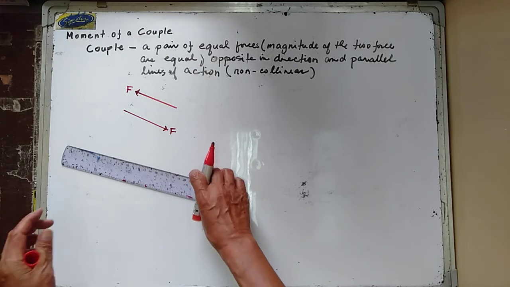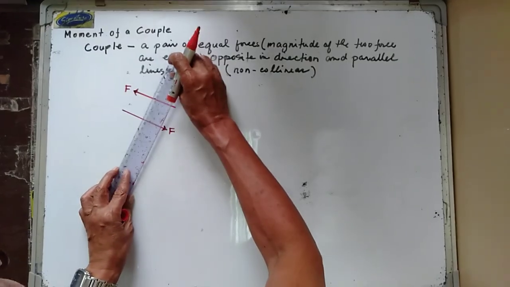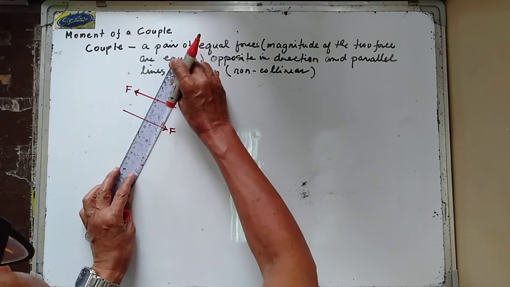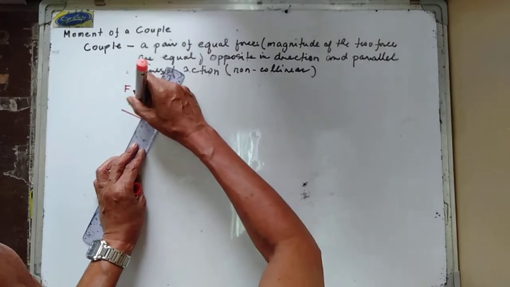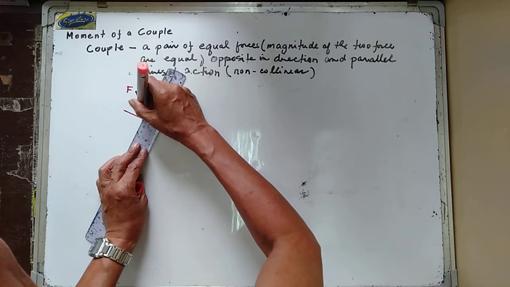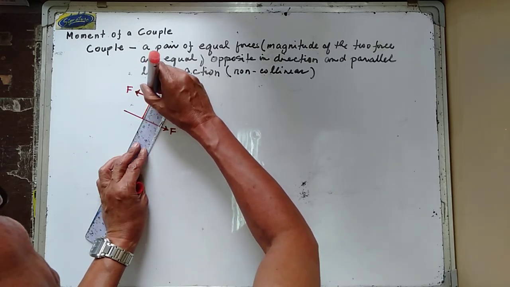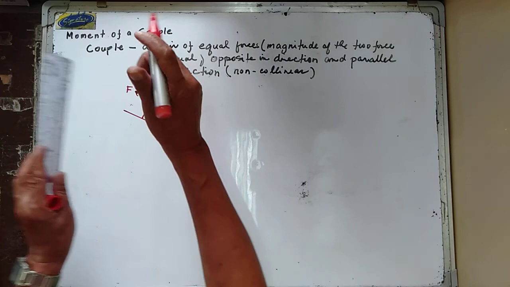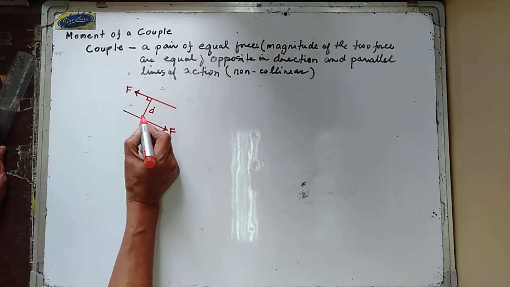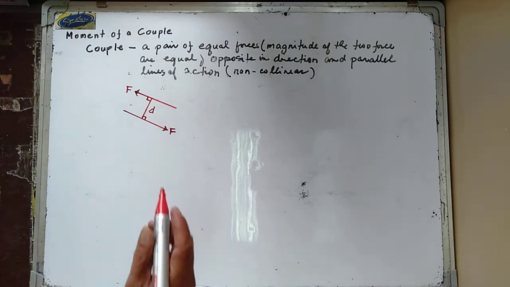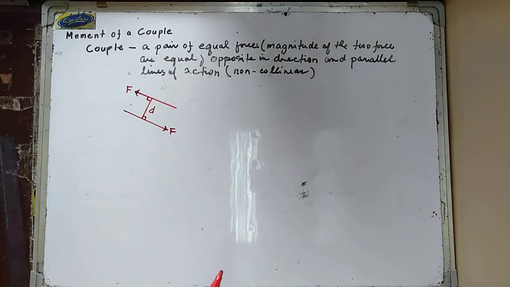Now let us consider that the perpendicular distance between the lines of action of the two forces is D. So this is 90 degrees and this one in here is 90 degrees. That is the perpendicular distance.